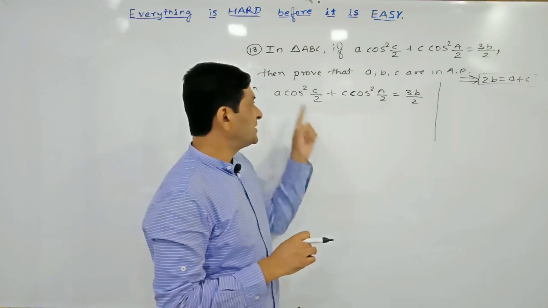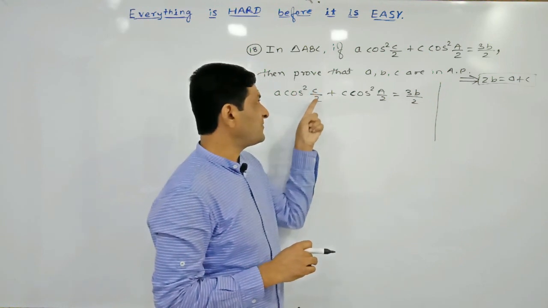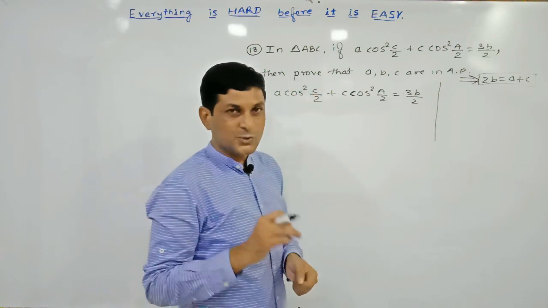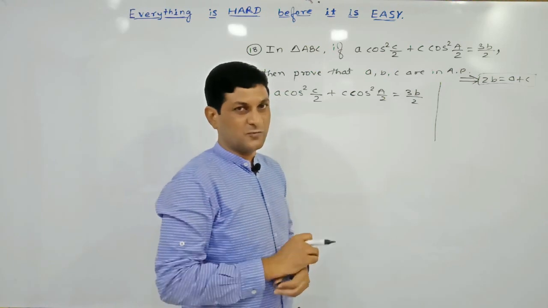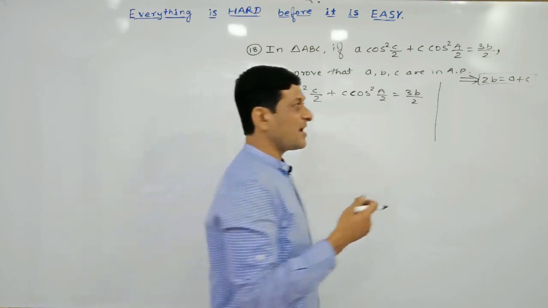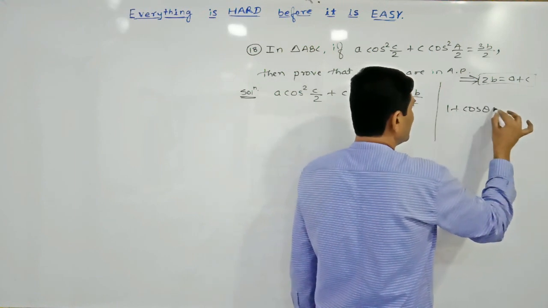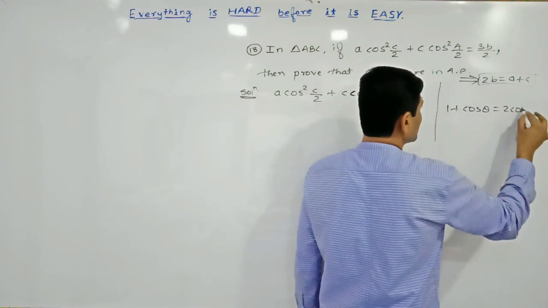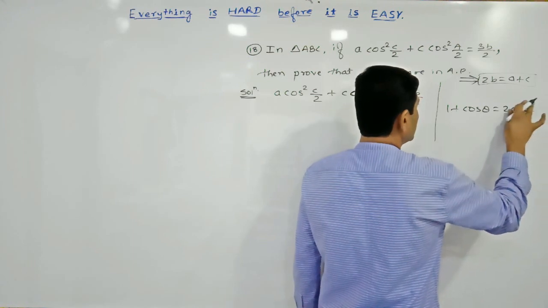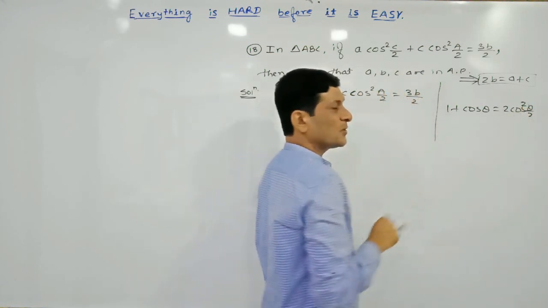If you observe this given equation, here terms of half angle appear. So that's why we are applying the half angle formula. Again, let us revise that half angle formula. What is the value of 1 plus cos theta? It will be equal to 2 cos square theta by 2. So this is the value of what? 1 plus cos theta.